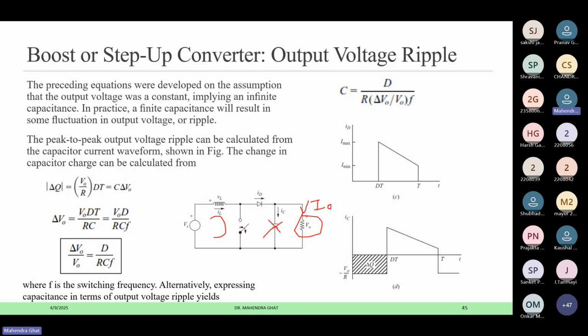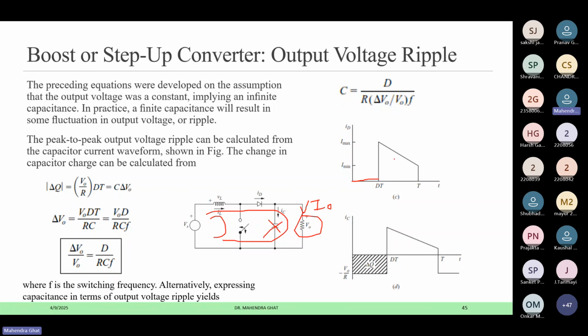And when the switch is open, of course this current is flowing. So the diode current, if we see, when the switch is closed there is no current flowing in the diode, and when the switch is open, whatever current is there will flow through the diode, and the same can go to IO.